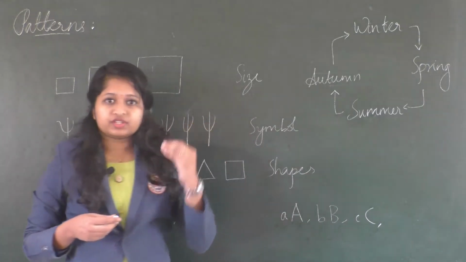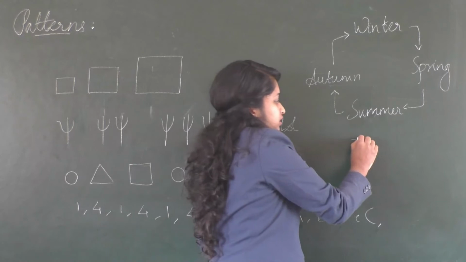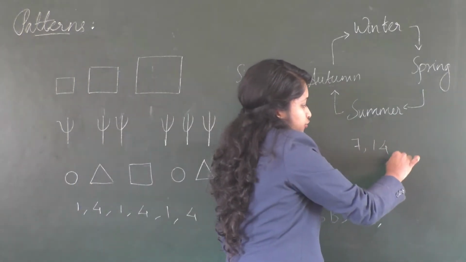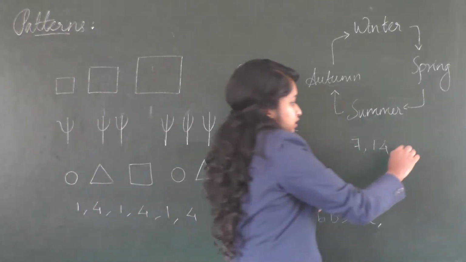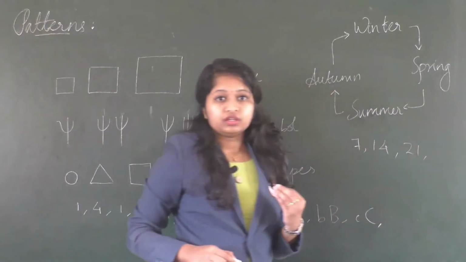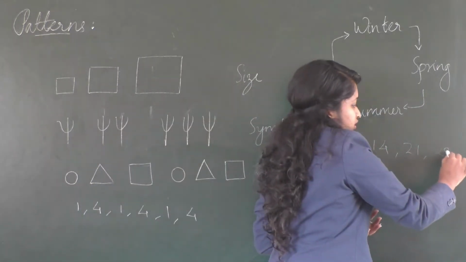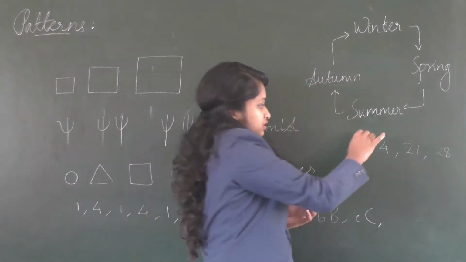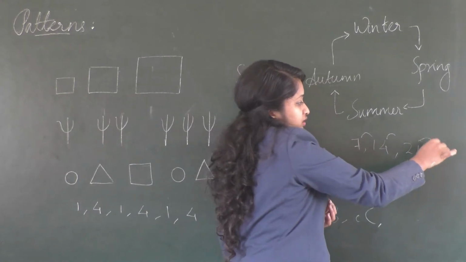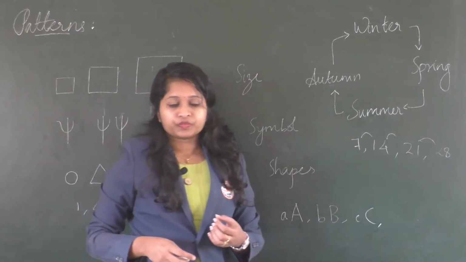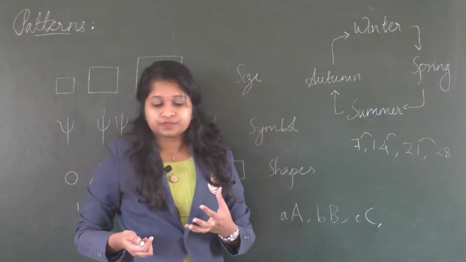Or maybe an increase in the numbers. If the first number is 7 and next is 14, next 21. Can you guess the fourth number? 28. So there is an increase in the number by 7. Or maybe sound.